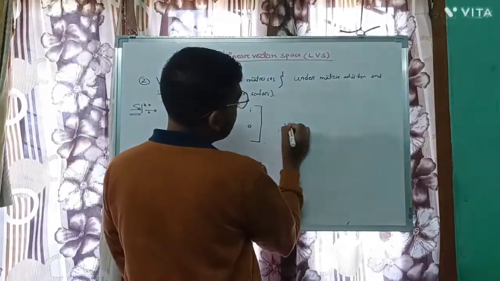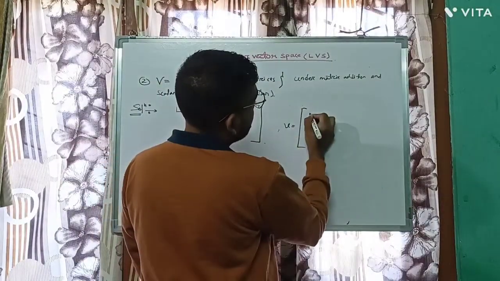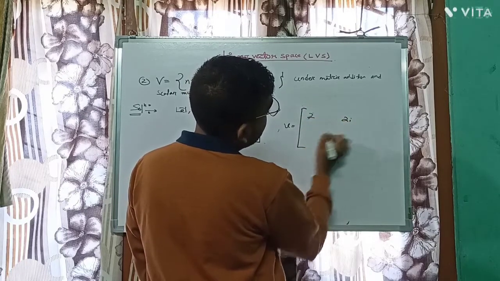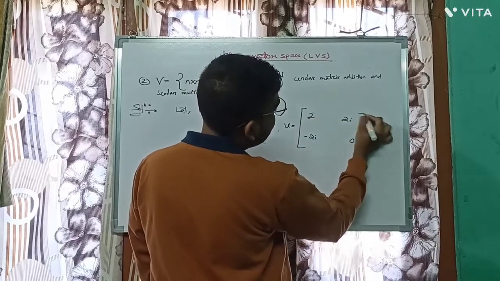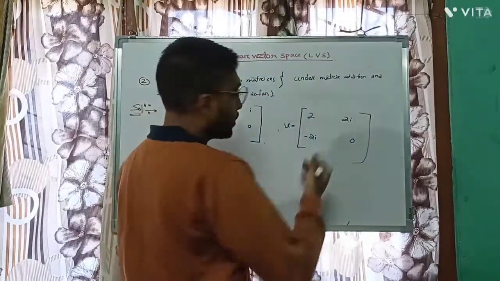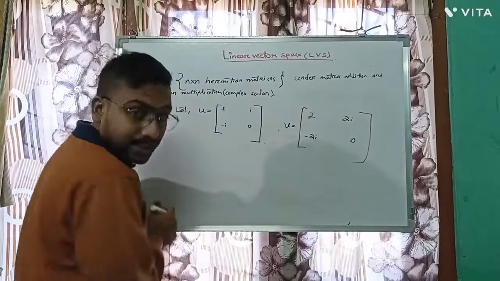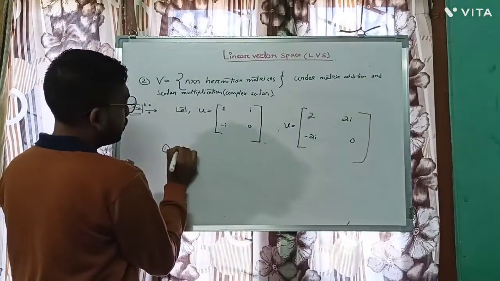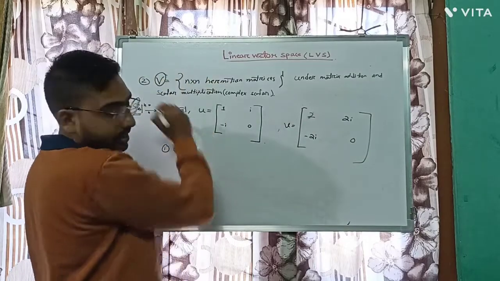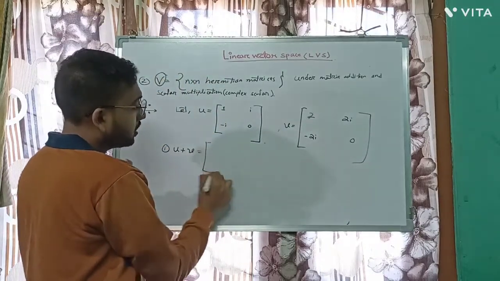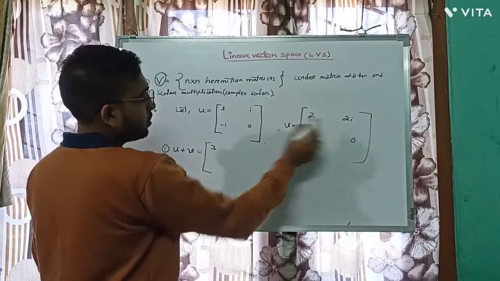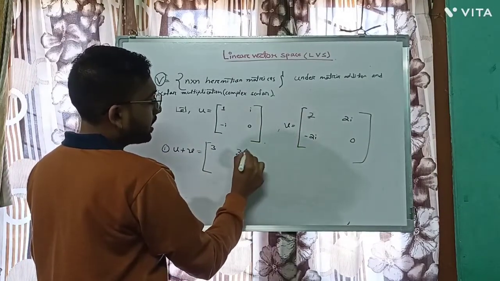I am also taking another example, let me take this: 2, i, minus i, 0. I am taking simple examples. This is also a Hermitian matrix, you can check. So the first property goes like this: U plus V must lie in this set V. So let me check. 1 plus 2 is 3. 2 plus i is 3i.